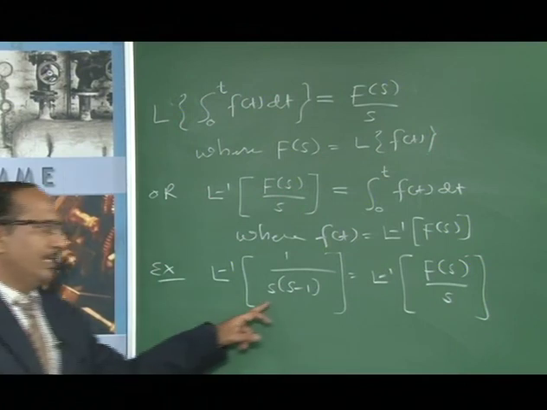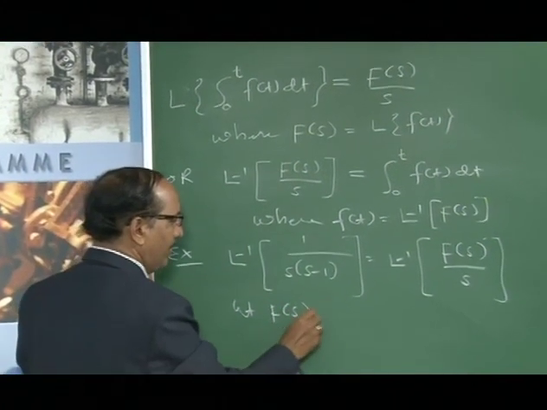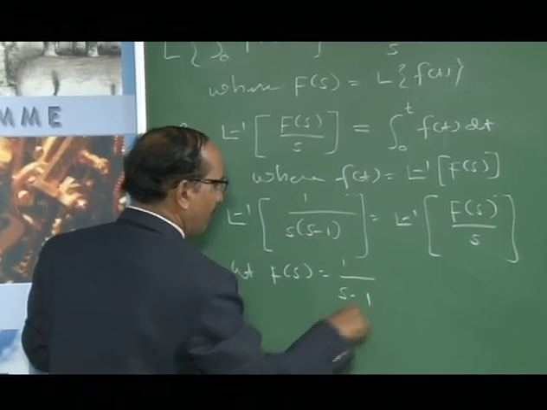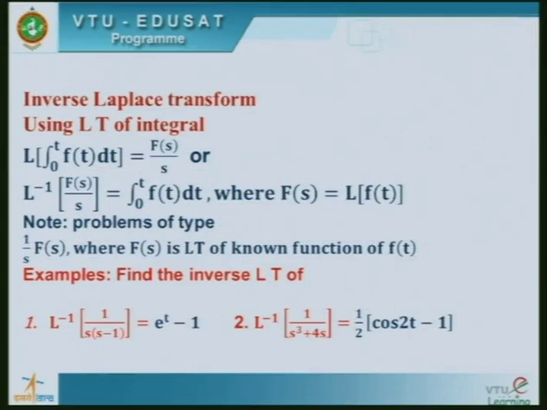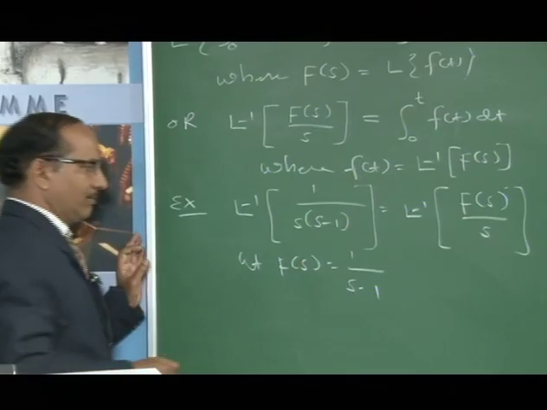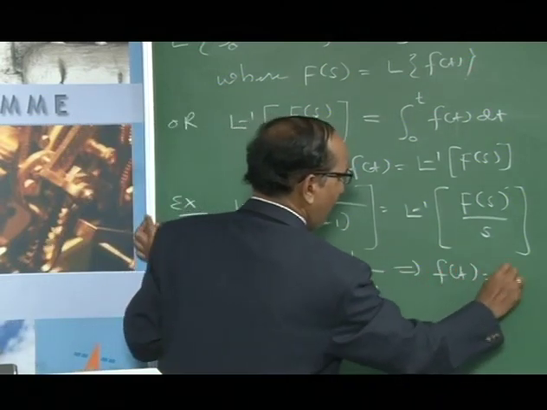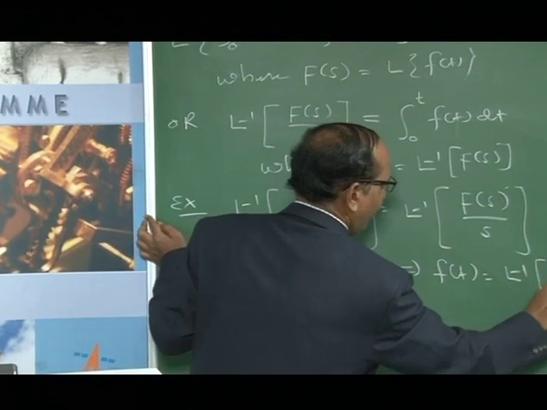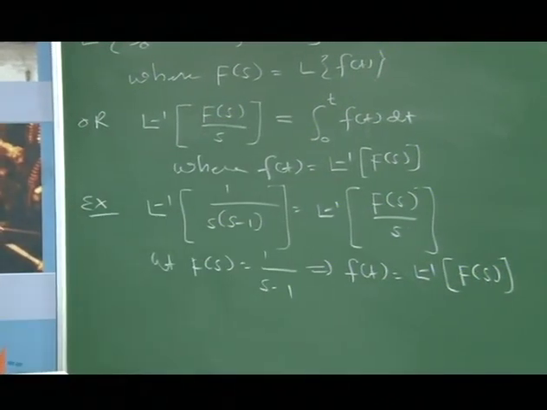So, consider F of s is 1 upon s minus 1. So, we know the inverse of F of s here. We know the inverse of 1 divided by s minus 1. What is that? So, f of t is L inverse of F of s.